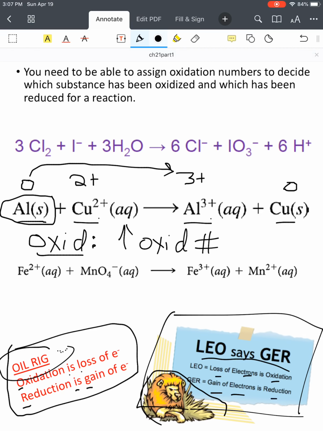What do you think about that? Think about it for a second. Go from 0 charge to 3+. Doesn't that mean that aluminum lost some electrons, specifically 3? Now, if that's true, what do we know about aluminum in this reaction? Hasn't our aluminum been oxidized?